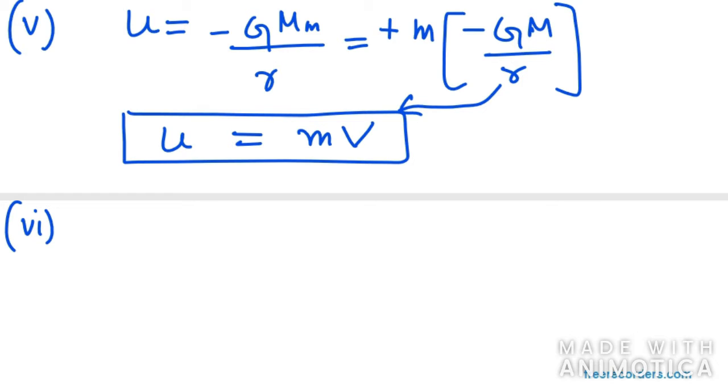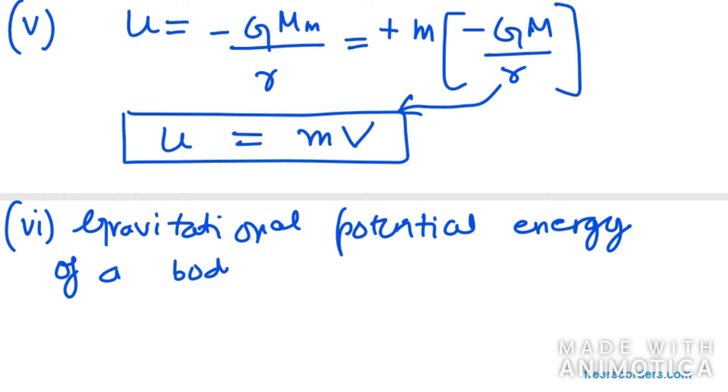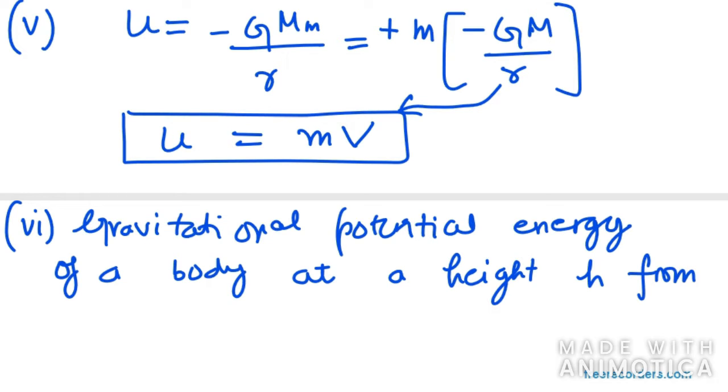Now the next thing, we need to find the gravitational potential energy of a body at a height h from the Earth's surface.